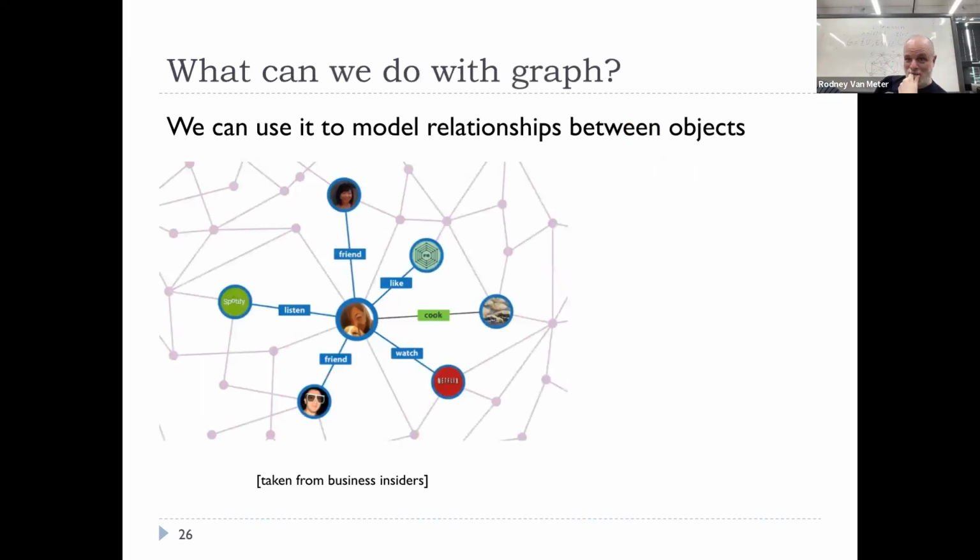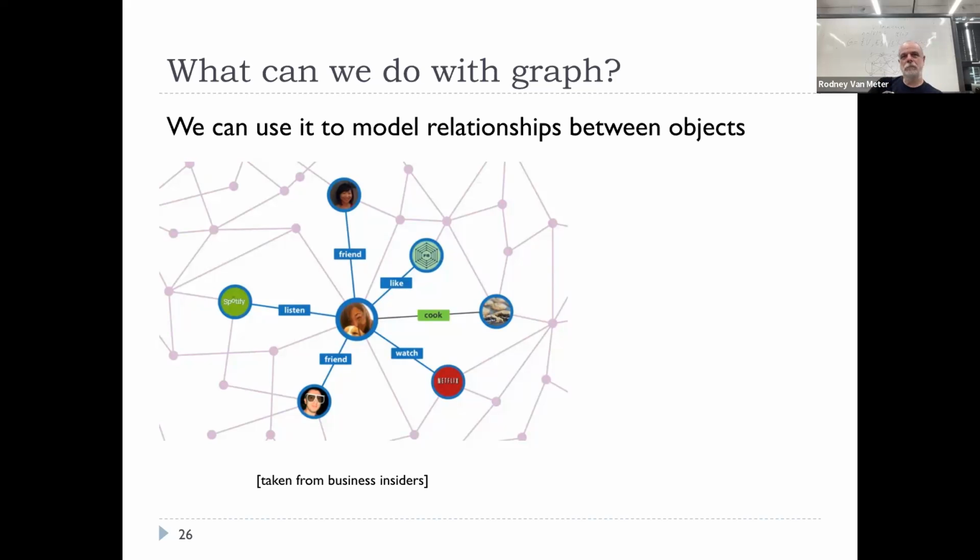So what can we actually use this for? Well, one of the things we can use graphs for is to model relationships between objects, where these objects might be a person or a thing or an activity. You can see that in this case, there's a person in the middle whose name I don't know. This figure was taken from the website Business Insider.